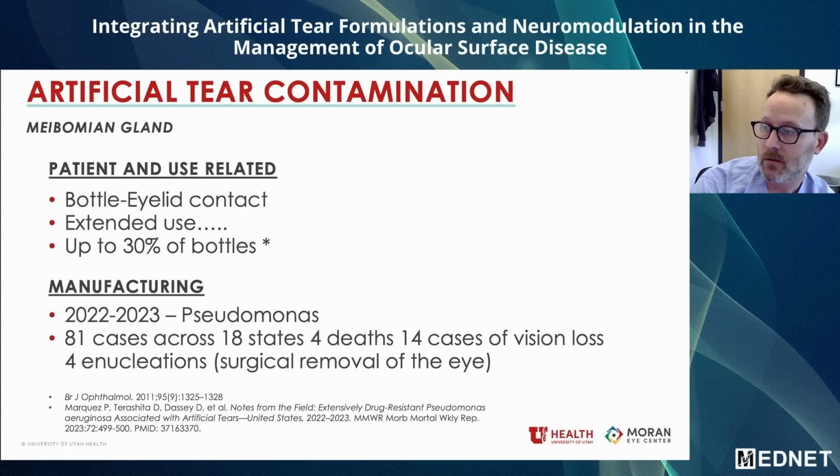There were 4 deaths from artificial tear contamination and 14 cases of vision loss, including 4 enucleations, which is surgical removal of the eye. So artificial tear contamination is not unharmful, and it was this sentinel event in 2022 and 23 that really reminded us of this.